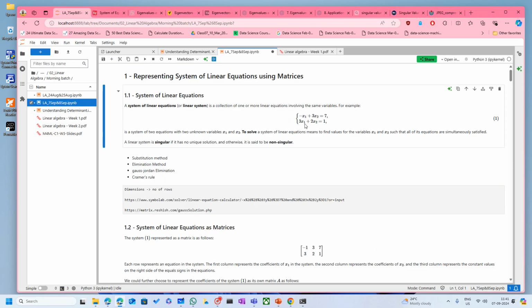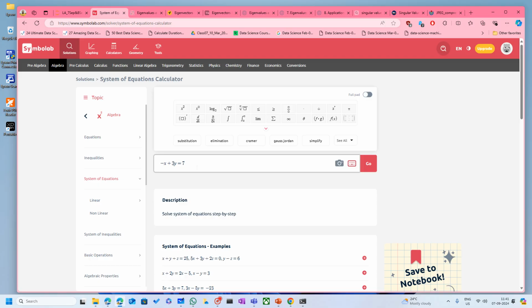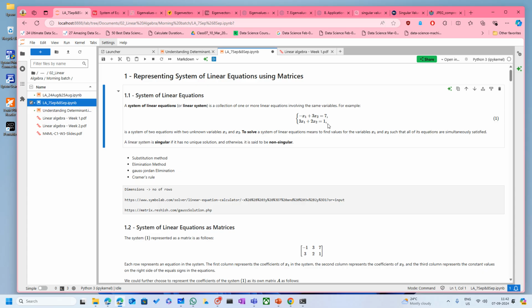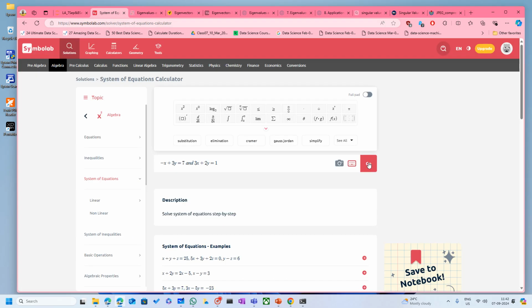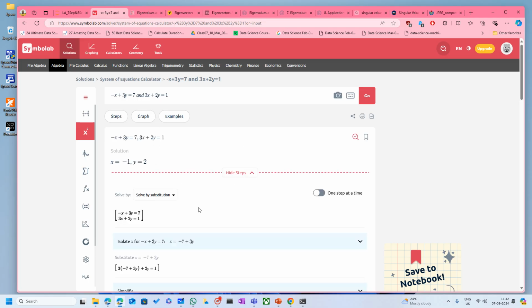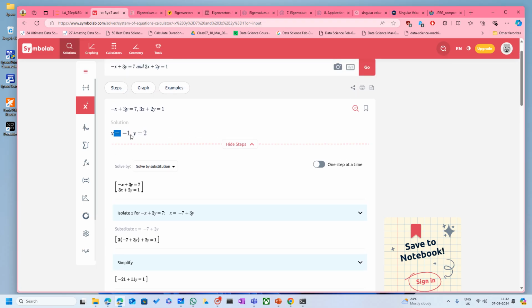Likewise, I will take 3x1 plus 2x2 equals 1. So if we solve these sets of linear equations, first we will look at the substitution method. The solution we have already obtained.